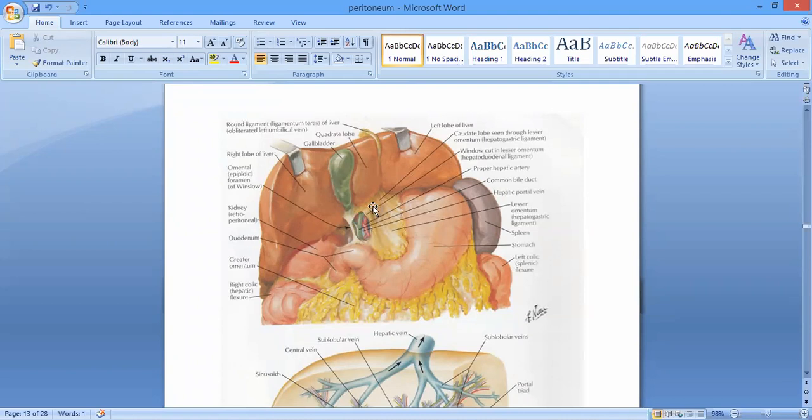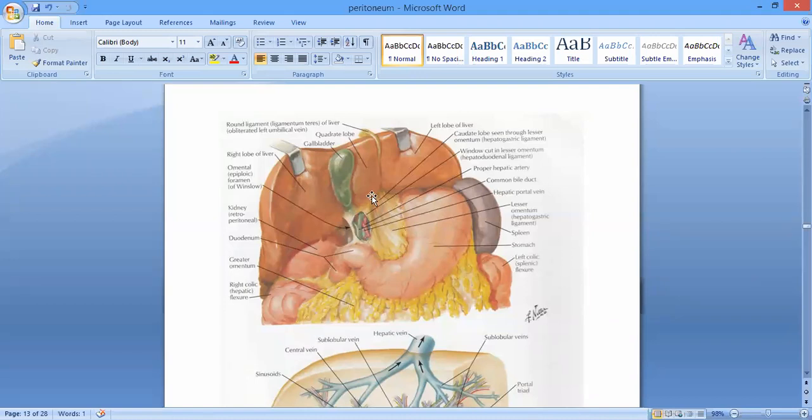Now, the portion of this lesser omentum which extends from the stomach to the liver is called the hepatogastric ligament. It is also called the gastrohepatic ligament. And the one which extends from the first 2 centimeters of the duodenum to the liver is called the hepatoduodenal ligament, right? So you can say that the lesser omentum is divided into 2 parts, named according to its attachments, the gastrohepatic ligament and the duodenohepatic, or the hepatoduodenal ligament.